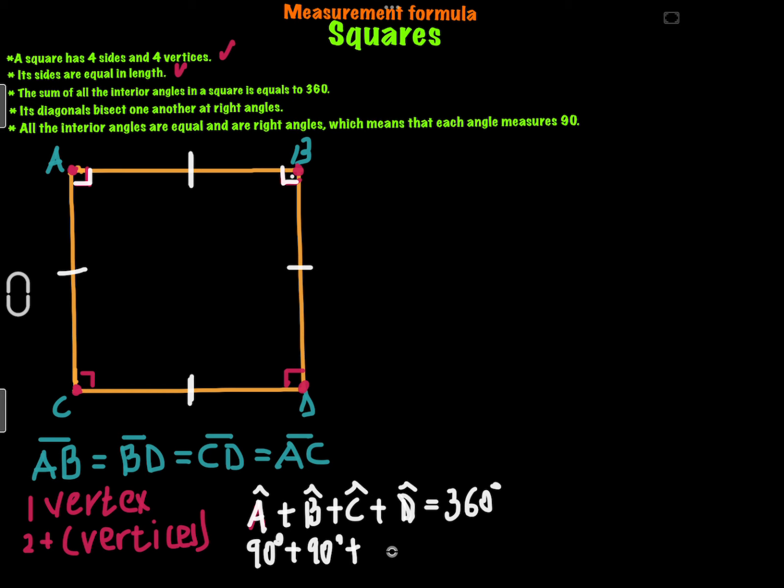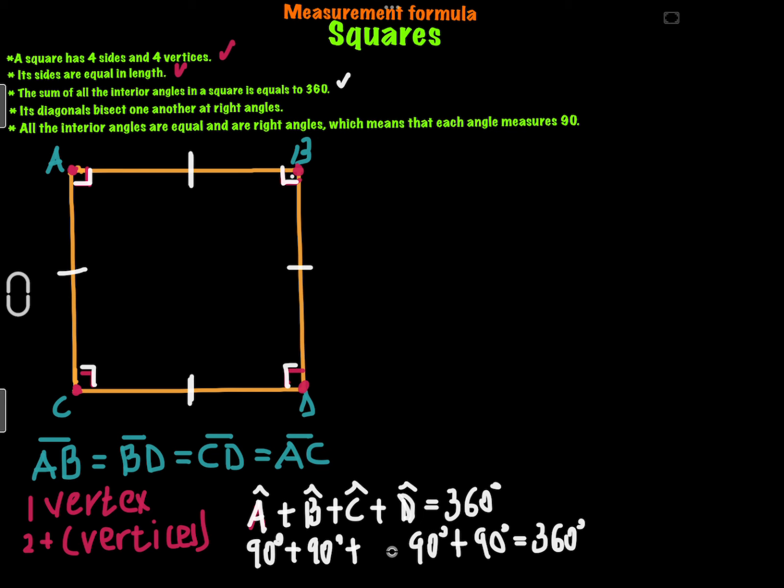Angle C forms a 90-degree angle, and then angle D also forms a 90-degree angle. So when you sum all of those four angles up, they add up to 360 degrees. That covers the third point, or third property.